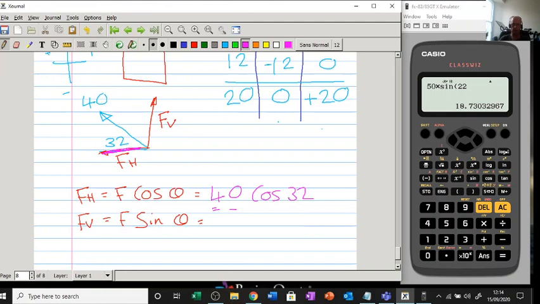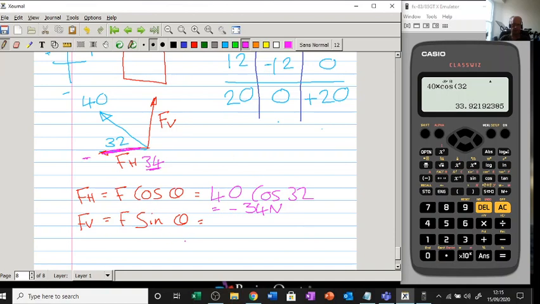So 40 cos 32 in your calculator, 40 times cos 32 equals 33.9. I'm going to call that 34. Let's run a bit. 34 newtons, which means there's 34 there. It's minus because it's going in that direction.